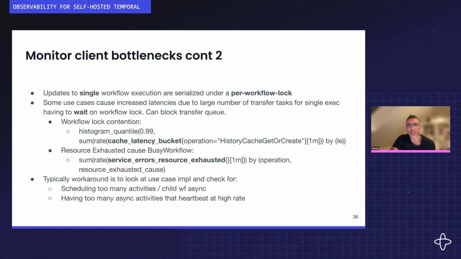However, this is one of the limits for a single workflow execution that we have to be aware of, and to measure the latencies if we run into this, and then work with our dev teams to start looking into possibly rewriting the implementation of the use case a bit in order to achieve higher throughput for this particular use case.